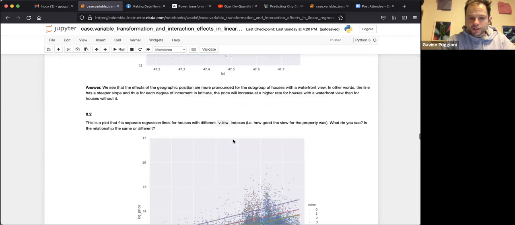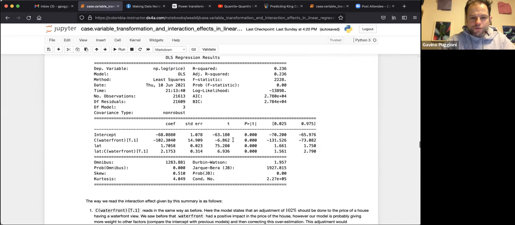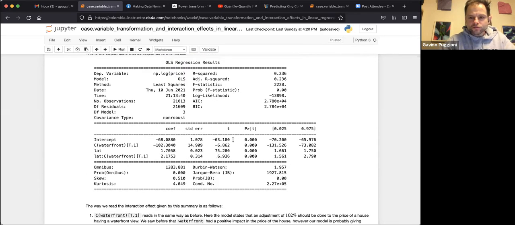So with two intercepts and two slopes. The first intercept is the one related to the baseline, which is -68. If you have a waterfront, the difference between the baseline and the waterfront intercept would be 102.